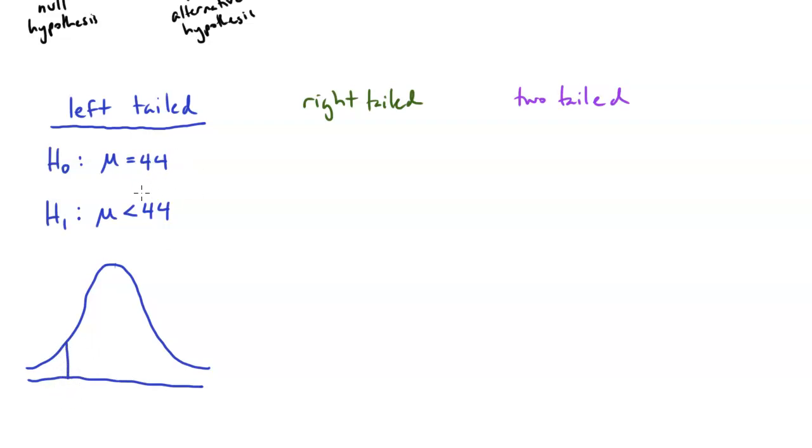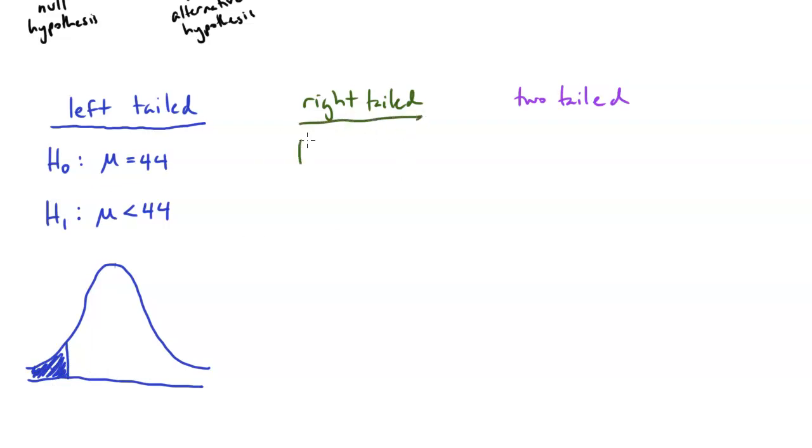My population mean of 44. Of course, I would have to find the z-value, the critical value that's associated with that 44. That's another conversation for another problem. But less than that 44, less than, that's left-tailed. That's what I mean by left-tailed.